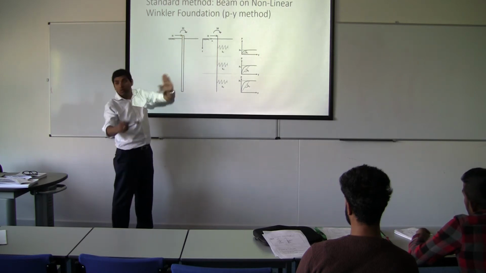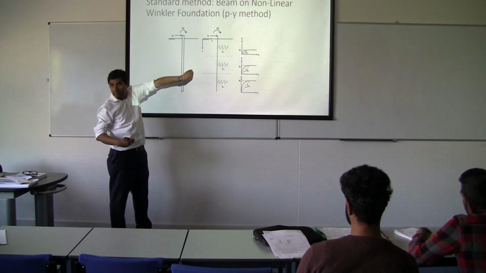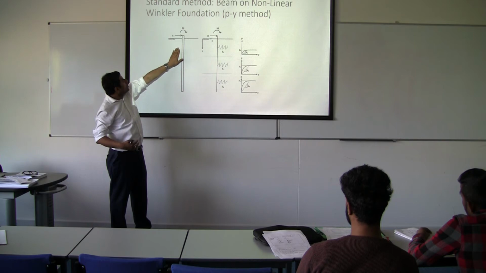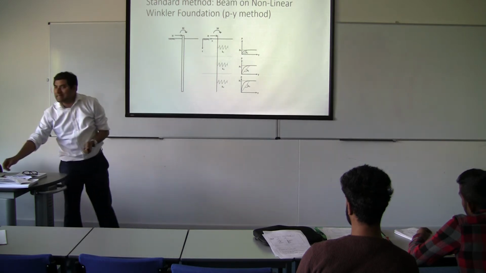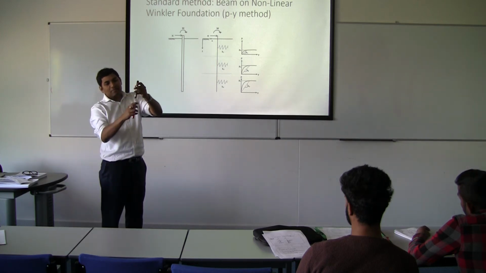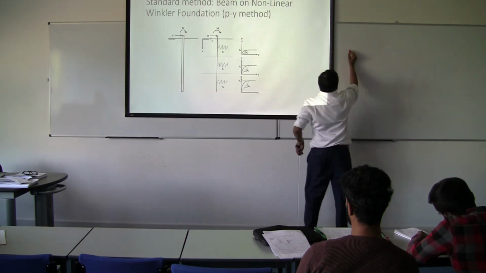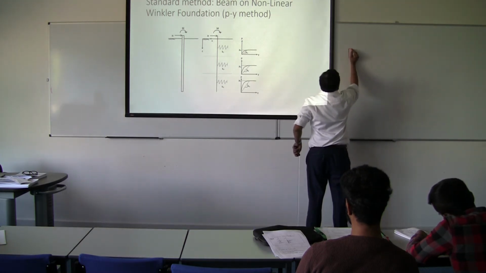The soil. Who will give you the resistance? This soil, isn't it? So what we are trying to say, let us assume that the pile is like a series of beam elements, right? So let's assume that it is a series of beam elements.